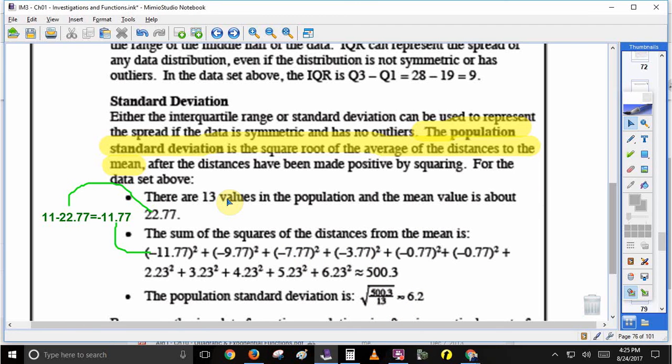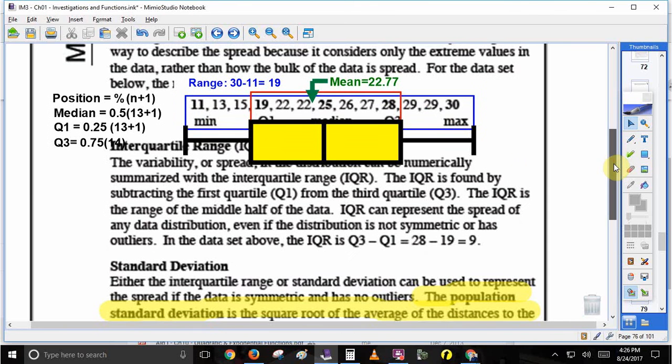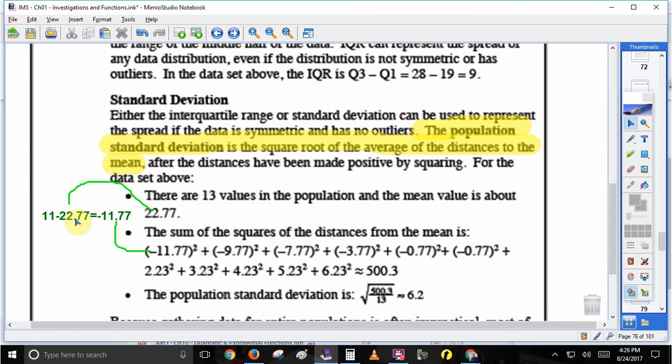So there are 13 values in the population, and the mean value is 22.77, which we had up here. So we're going to start by subtracting 22.77 from the values. So if we do 11 minus 22.77, we get a negative 11.77 that goes in here.